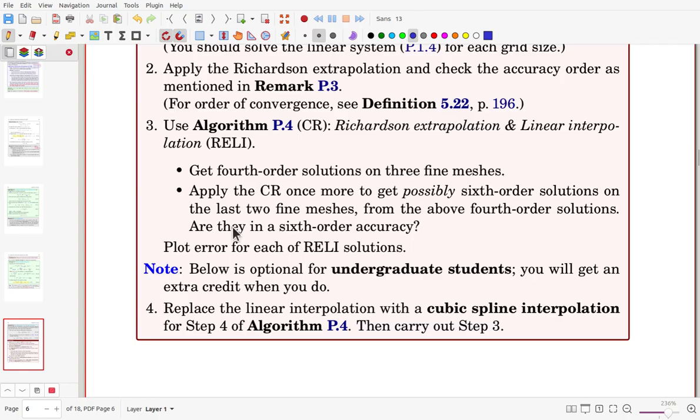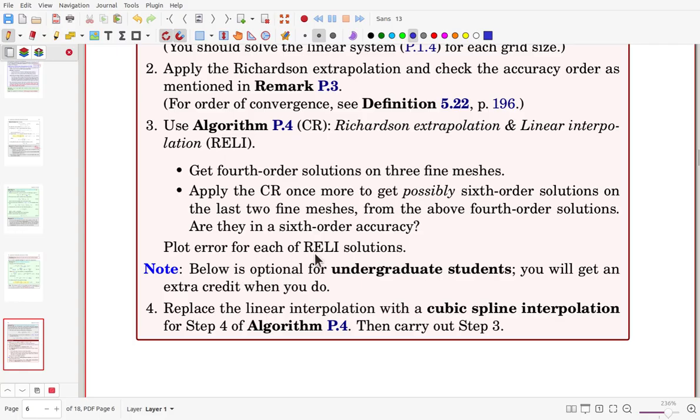Are they of sixth order accuracy? The answer will be no, but we have to check. Checking the accuracy order is your job, and I did only part of that.